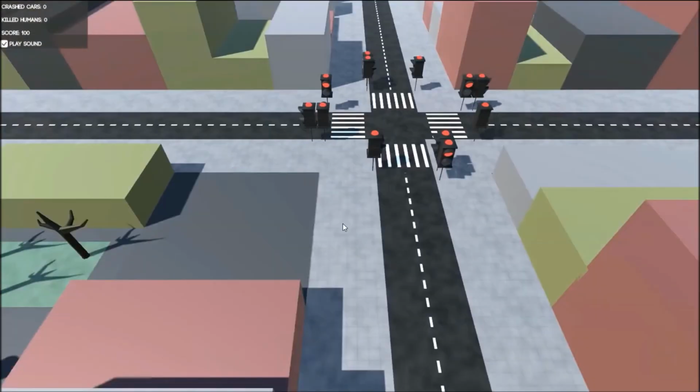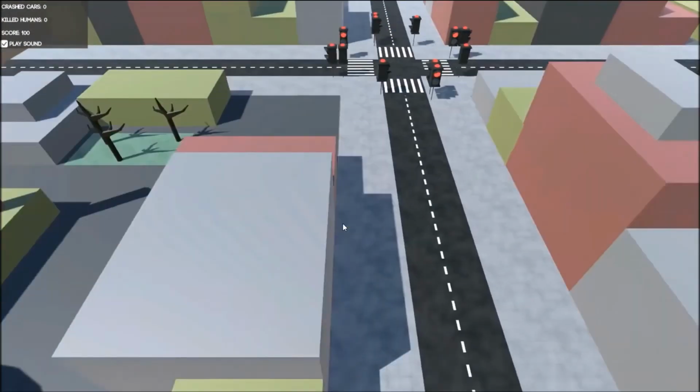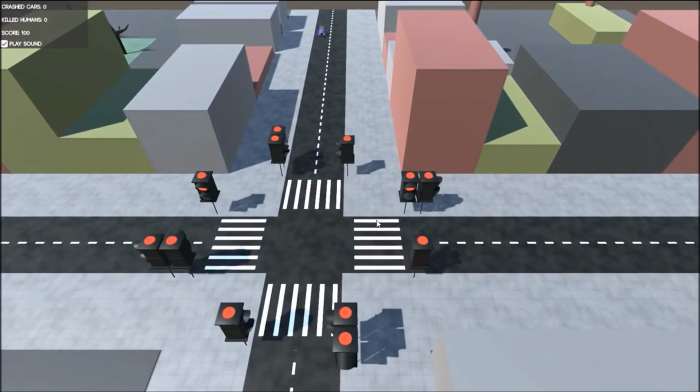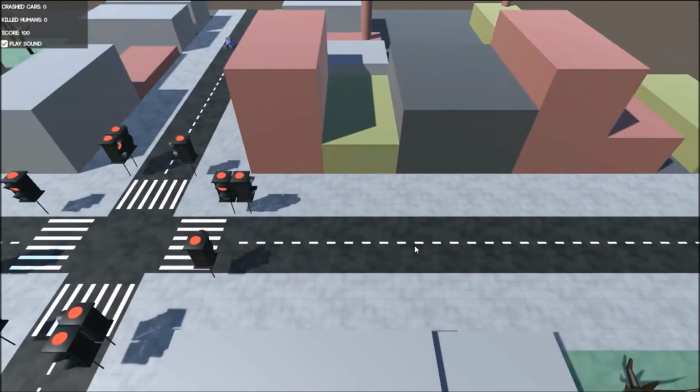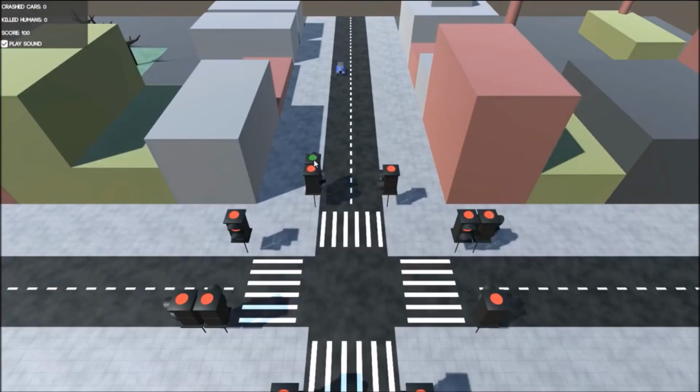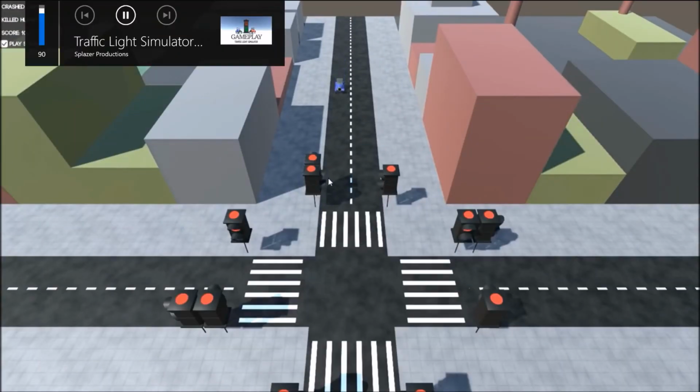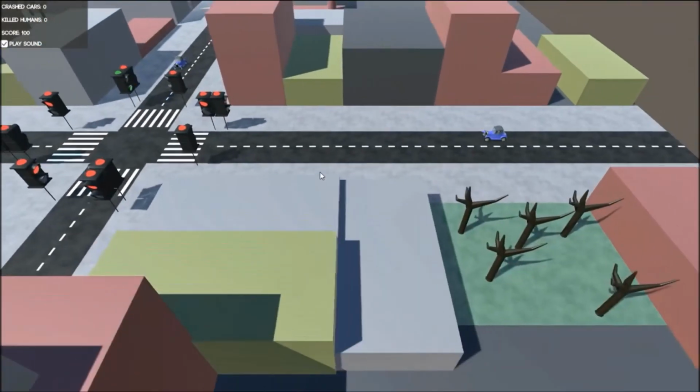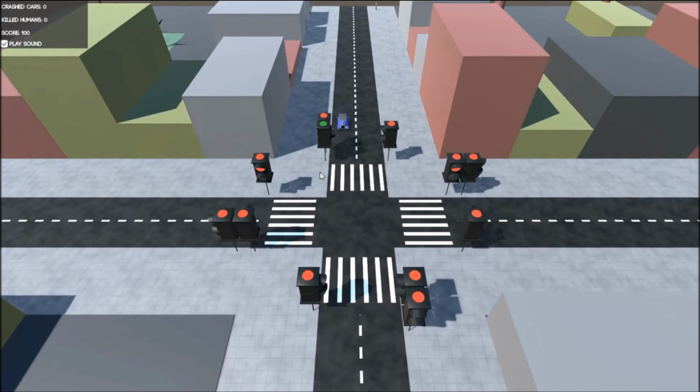This is a square, not a Y junction. It is showing that everything is clear. Now it is working. A car is coming here. It's a red light. Now the timing here.